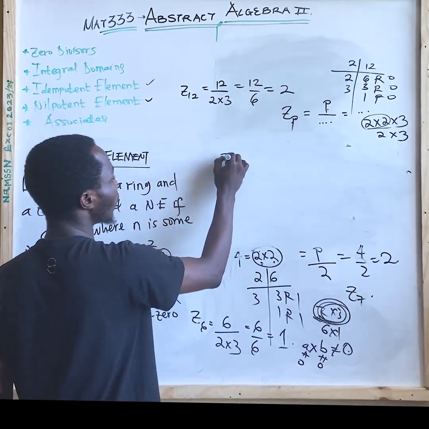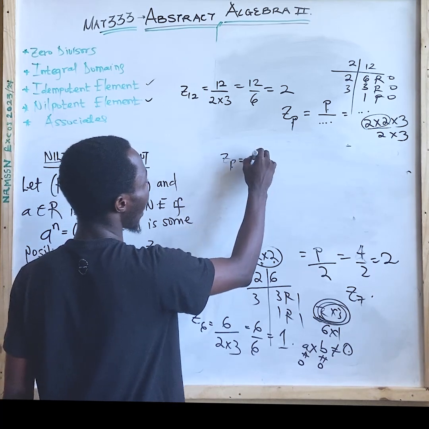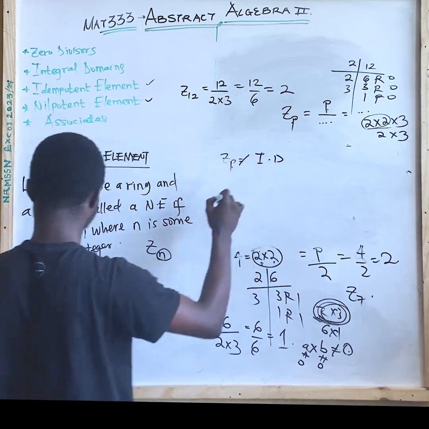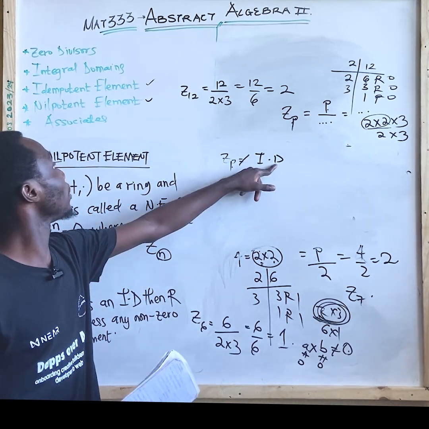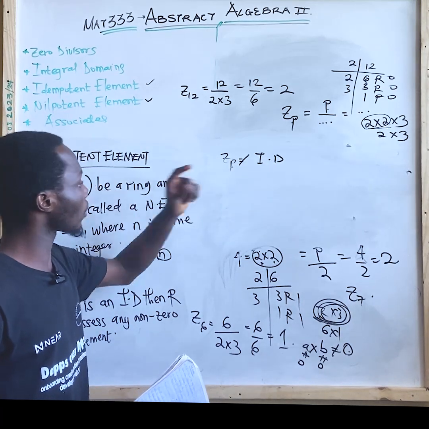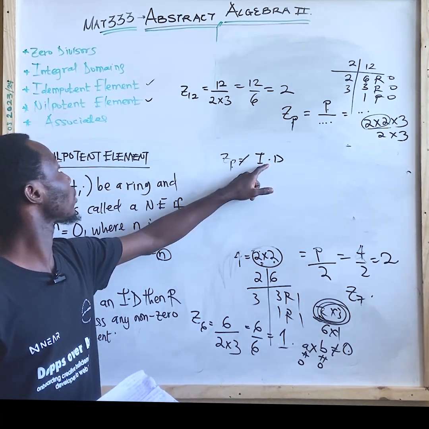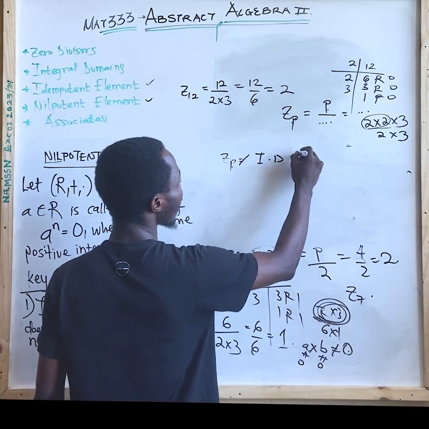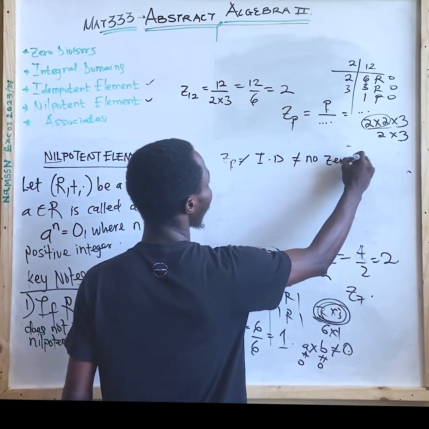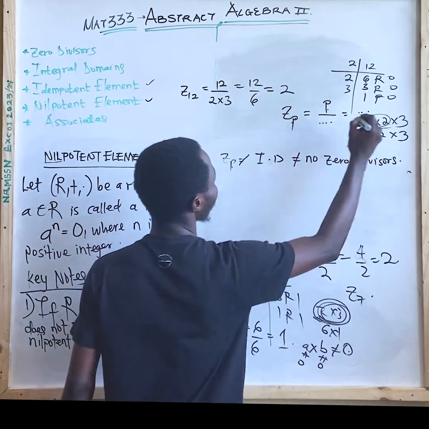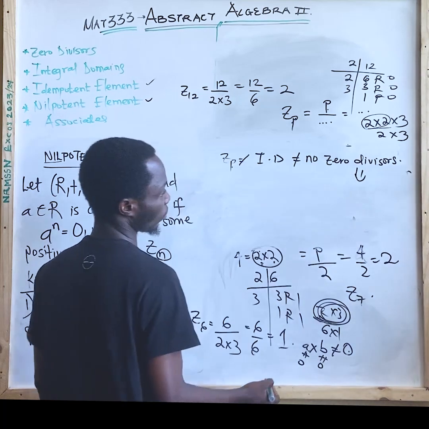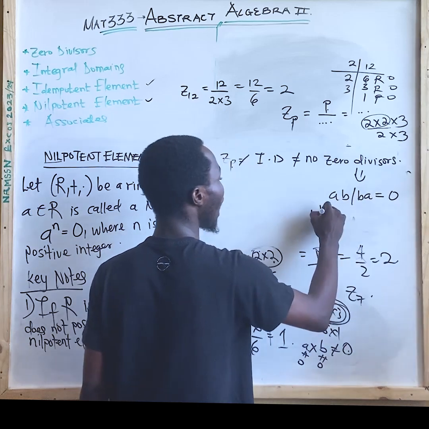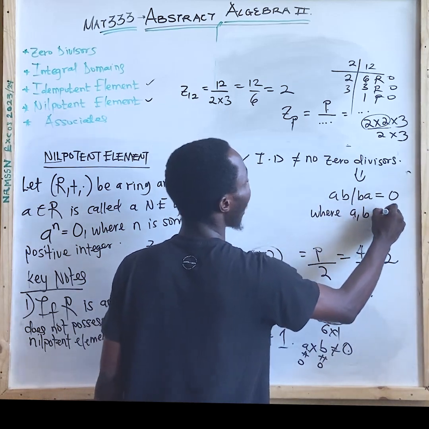If they are saying Z_P, where P is prime, has no integral domain, first thing first, we need to ask ourselves, what is an integral domain? An integral domain is a commutative ring with unity that has no zero divisors. What's a zero divisor? A times B or B times A equals 0, where A and B are not equal to 0.